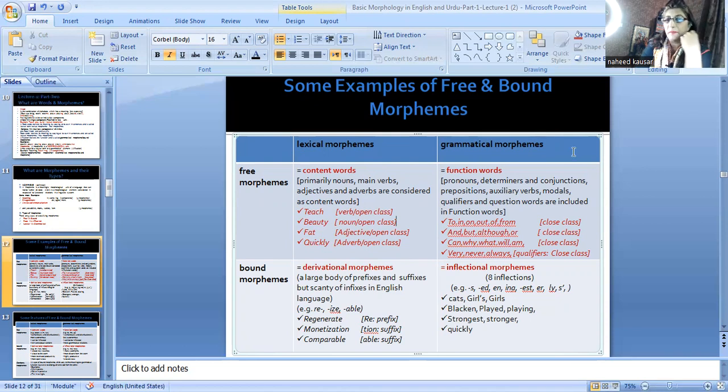If we talk about the grammatical morphemes, they are considered to be the function words also, and in them the pronouns, determiners, conjunctions, prepositions, auxiliary verbs, modal verbs, qualifiers, and question words are included. The examples which I have added into this column are to, in, on, out, or from.